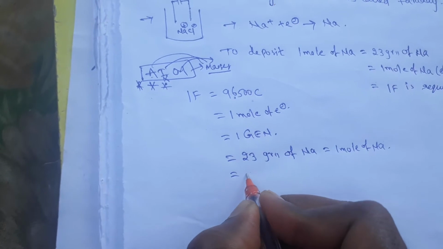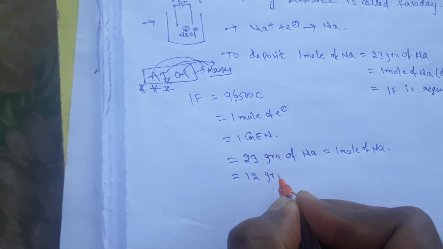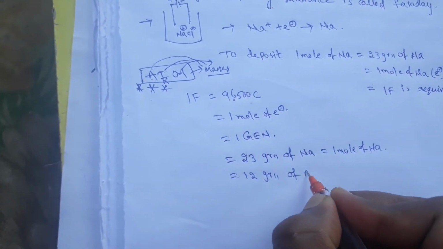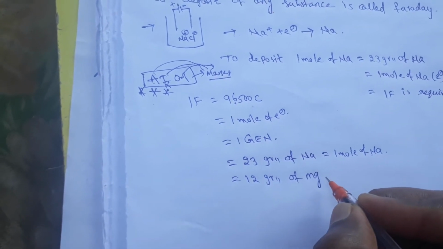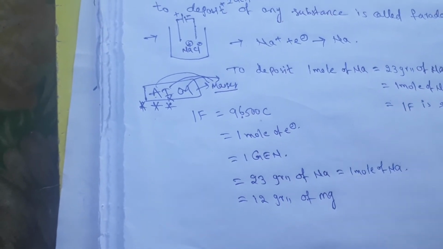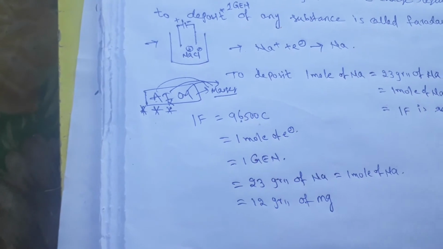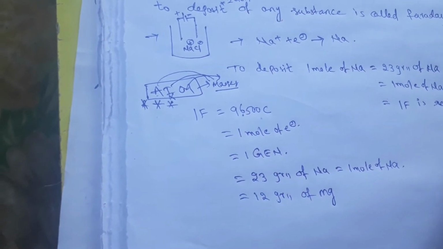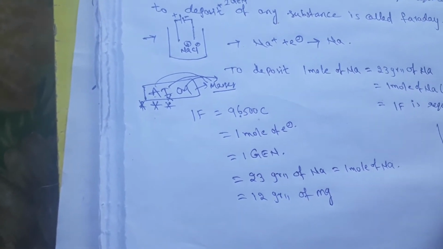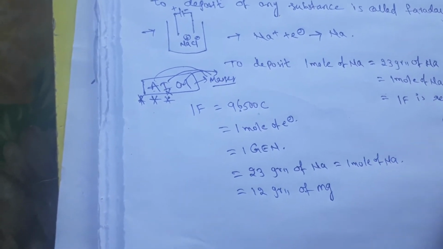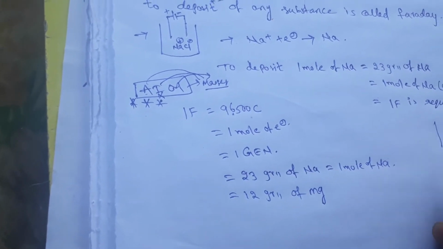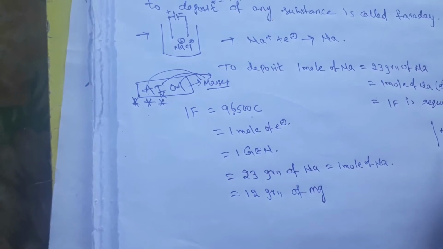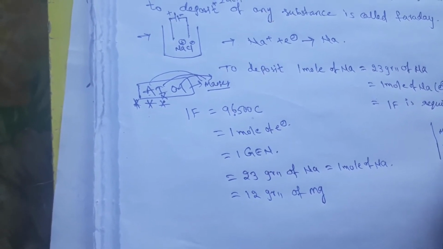If you see magnesium, then 12 grams of magnesium. Why is it 12 grams of magnesium? Here I am writing magnesium 2 plus plus 2 electrons gives rise to magnesium. So here 2 electrons are required. How many moles of electrons do we have to take? 1 mole of electrons.